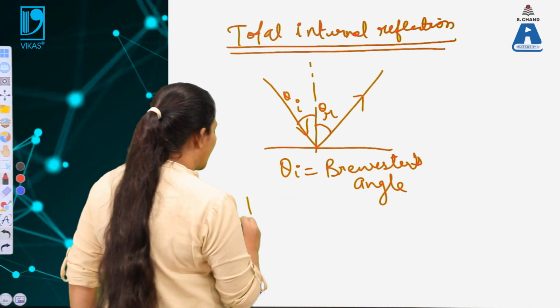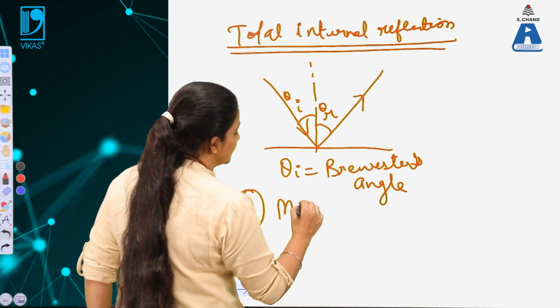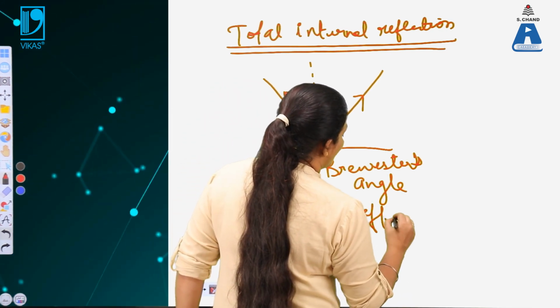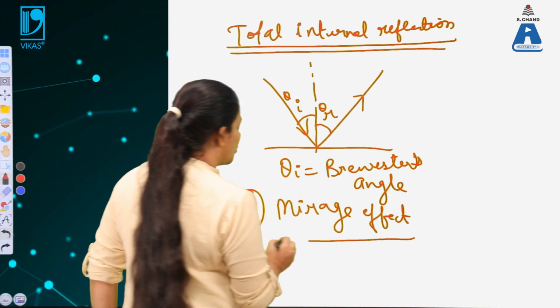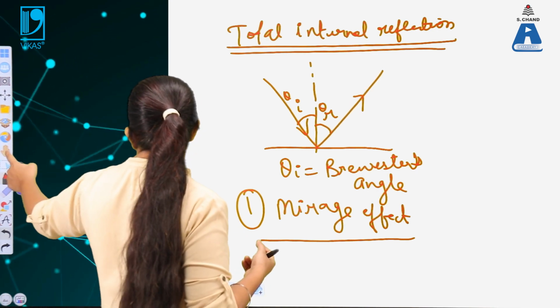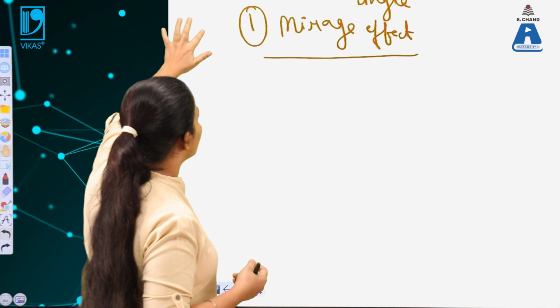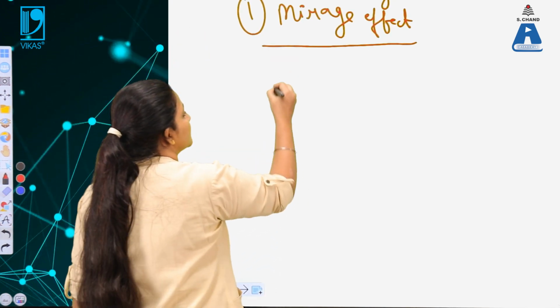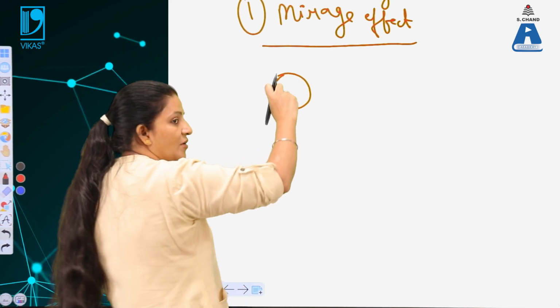So the mirage effect is based upon total internal reflection. Due to the total internal reflection of the light, the light is collected at one point.